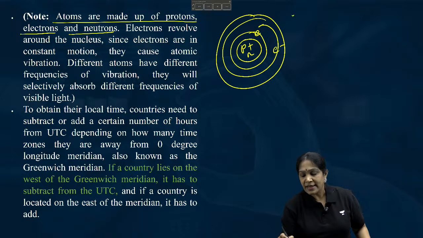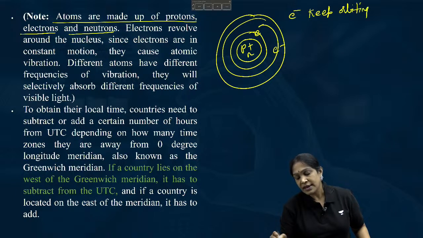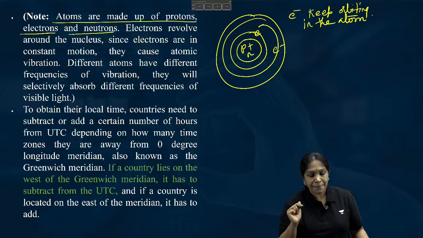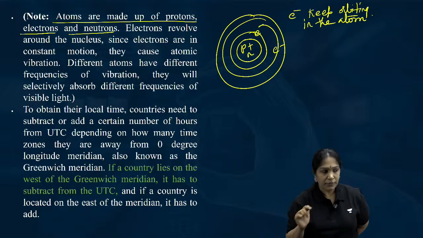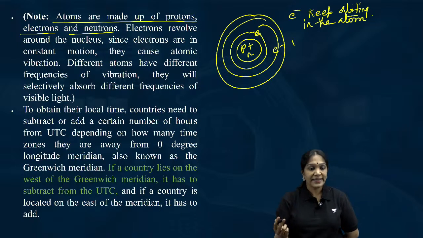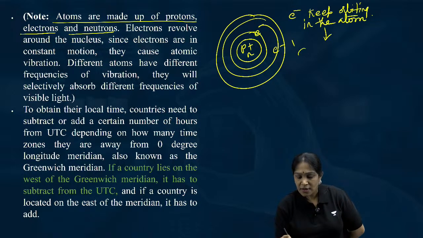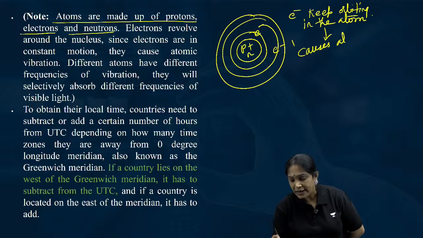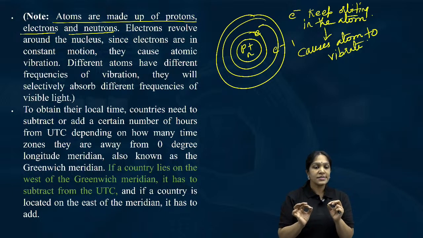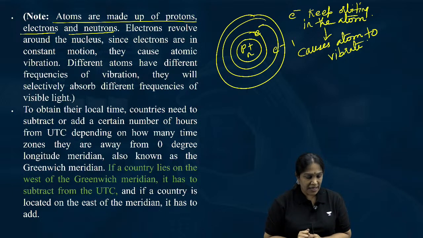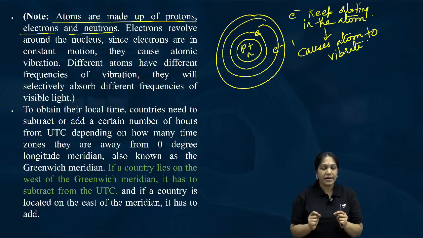And the electrons keep orbiting in the atom. Is it clear? This causes the atom to vibrate. Answer a few questions. What causes an atom to vibrate? Everybody? What causes an atom to vibrate?